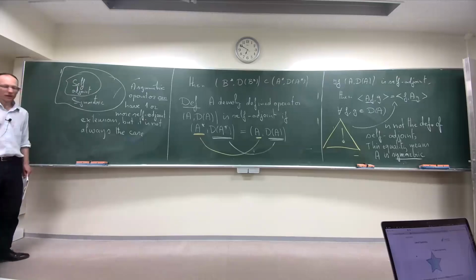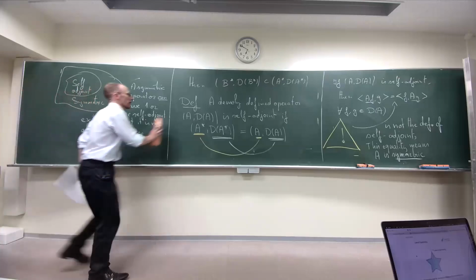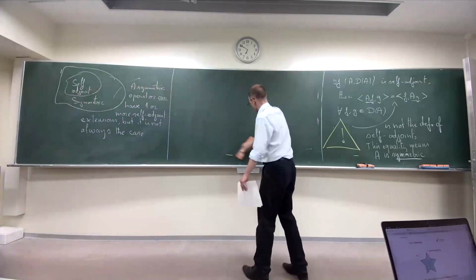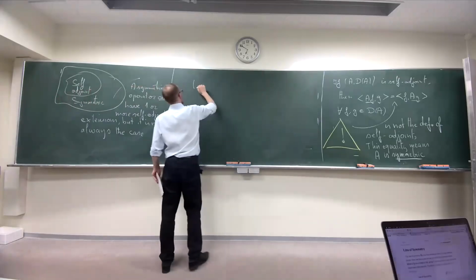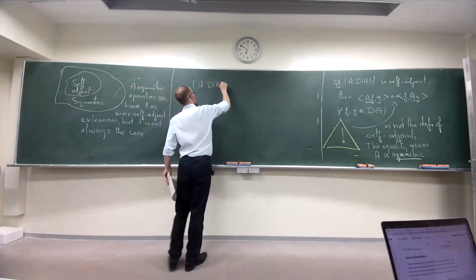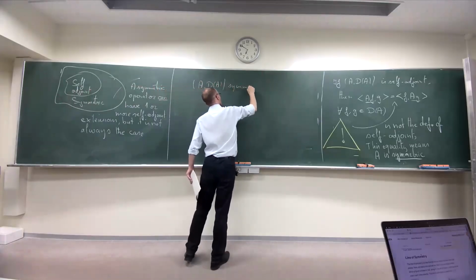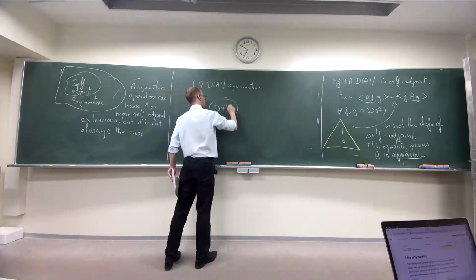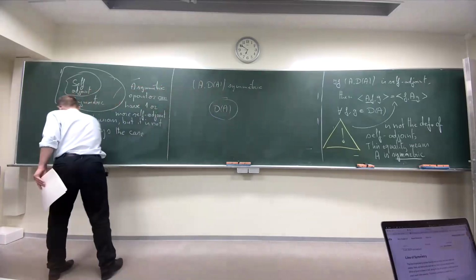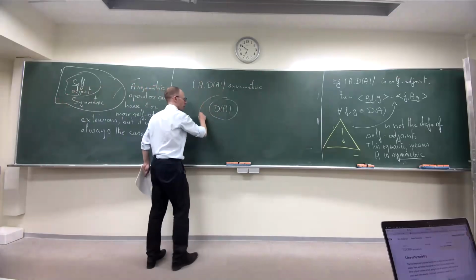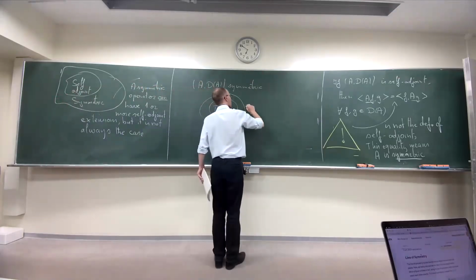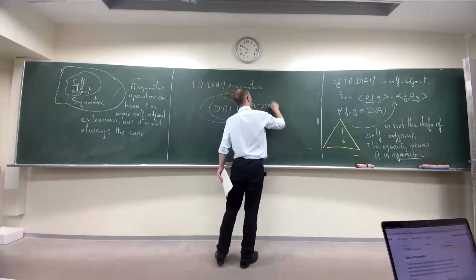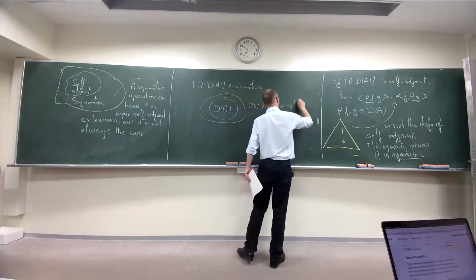Okay, now I was not planning to do it, but suppose A with domain D(A) is symmetric. What can happen? So I just represent the domain. It may happen that there exists a domain slightly bigger, so that B with domain D(B) is self-adjoint. This is possible.